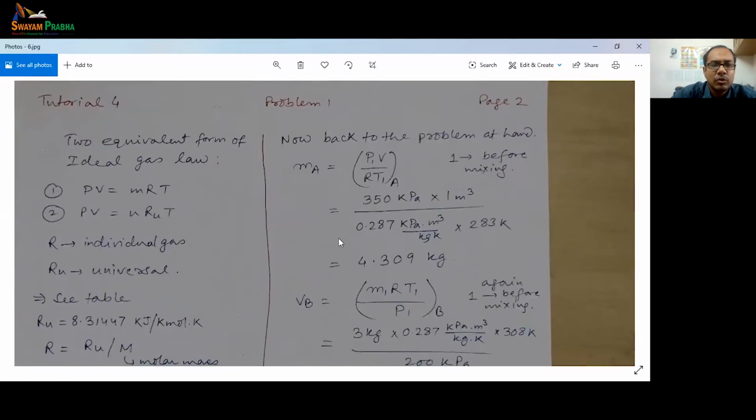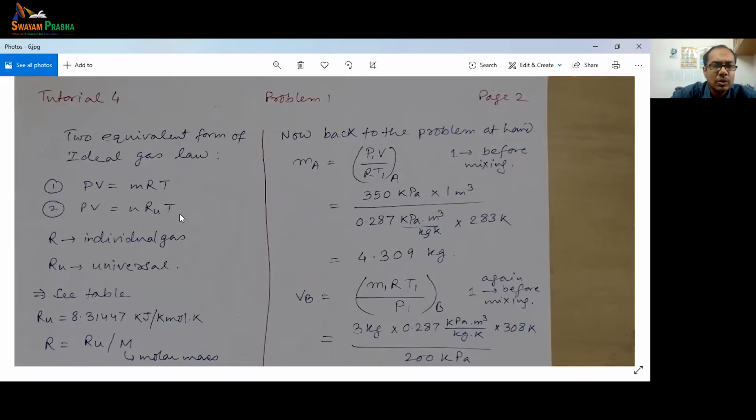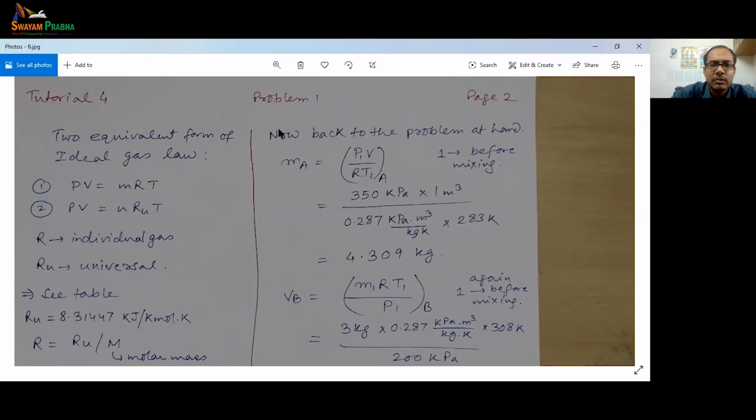Now as we know, either of these forms we can use. We will use the mass one because that's what we are after. We want to know the mass. So for the first tank, tank A, we don't know the mass, but we know pressure, volume, temperature, and the gas constant.